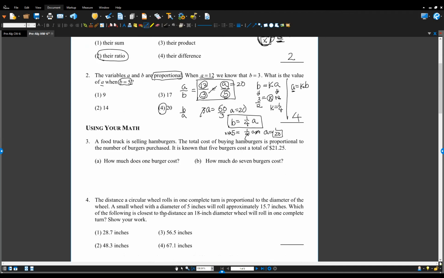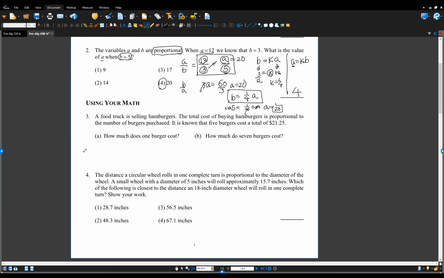All right, number 3. A food truck is selling hamburgers. The total cost of buying hamburgers is proportional to the number of burgers purchased. If you buy 1 burger, $2; 2 burgers, $4, increasing.